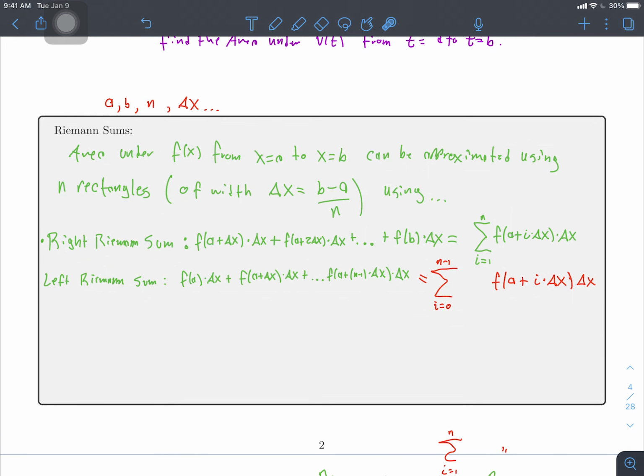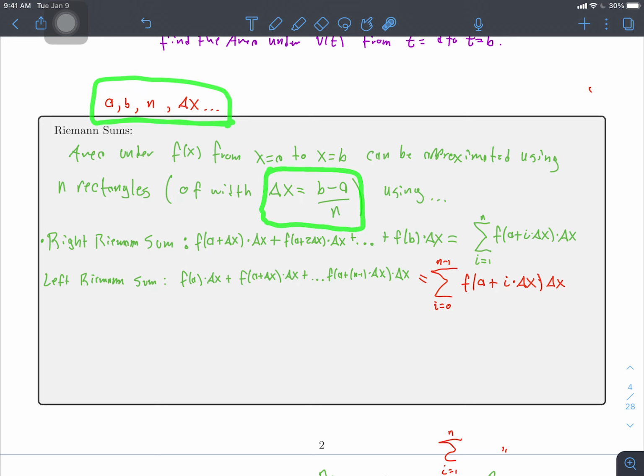The things which I really want you to remember for this part are especially a, b, delta x, and n, and how they fit together. The way they fit together is via this relationship: delta x is b minus a over n, right? That's the width of each rectangle.